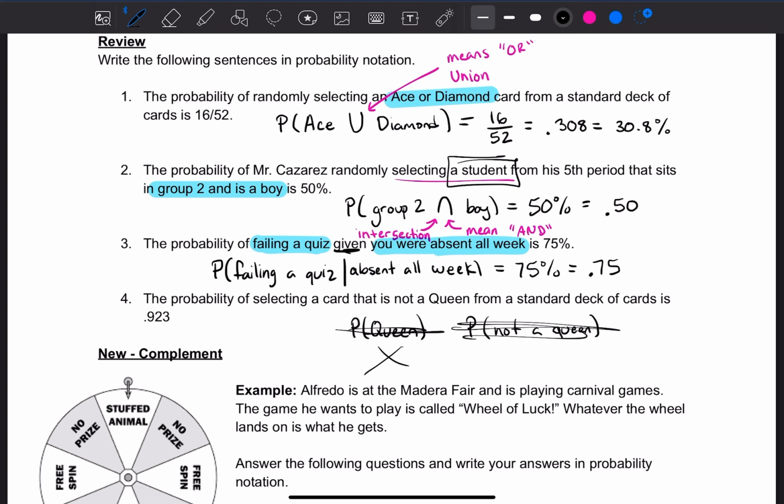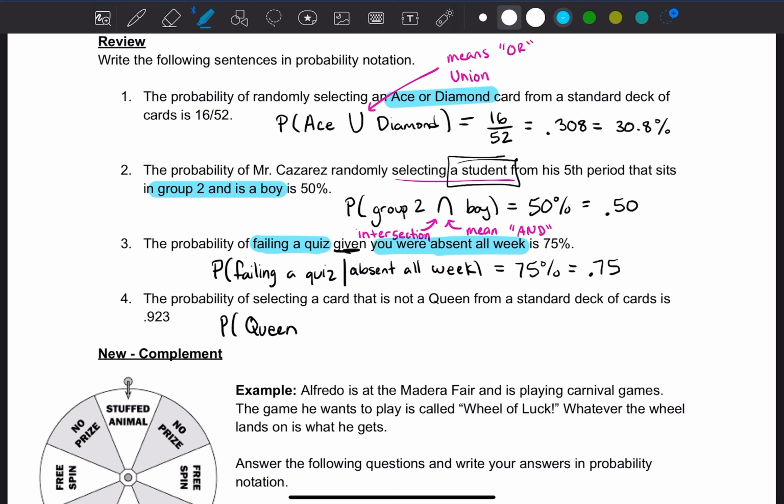The second one is pretty okay, but the correct way to write this would be the probability of selecting a card. Remember, our outcome is not a queen, so we would write queen, and then we put the little C right there. And that is 0.923.